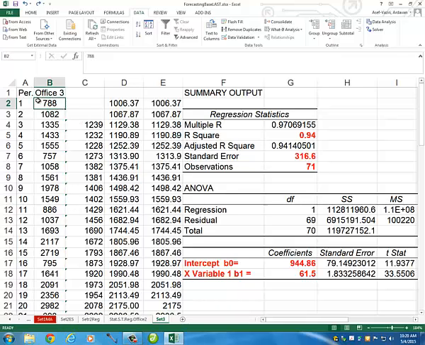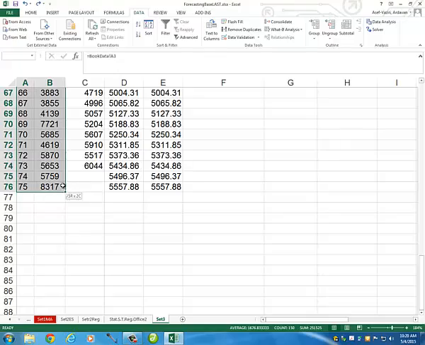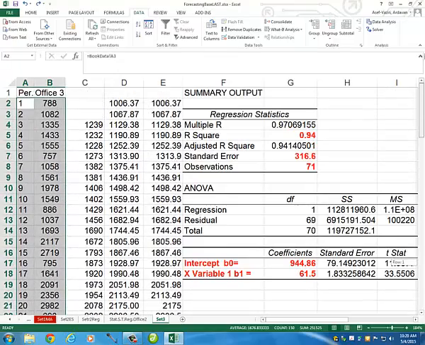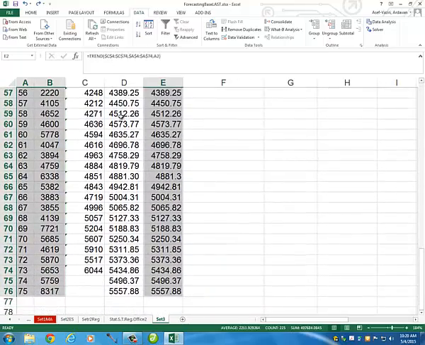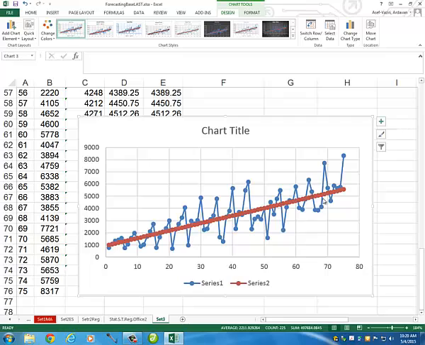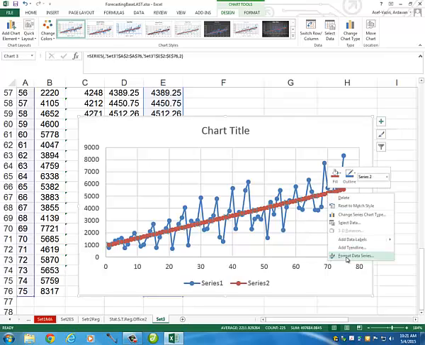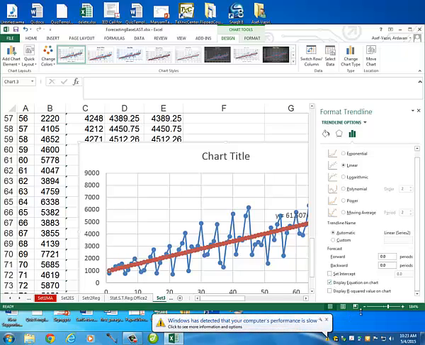Now let me see if we can get this data, which is our original data, and get this regression line, and then insert scatter. This is it. Now let me see here. It says add trend line. Okay, here we say display equation on the chart, and that is good.